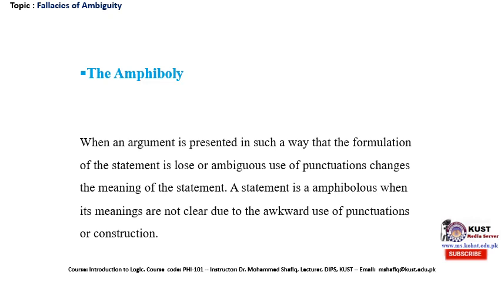But if you say "a piano for sale by a lady in an oak case" and put the comma after that, "with curved legs," that would mean the lady has curved legs. So it's the same statement, but using punctuation or combining words loosely would entirely change the meaning of the statement or argument. That is why it is called the fallacy of ambiguity, and it is called the fallacy of amphiboly.